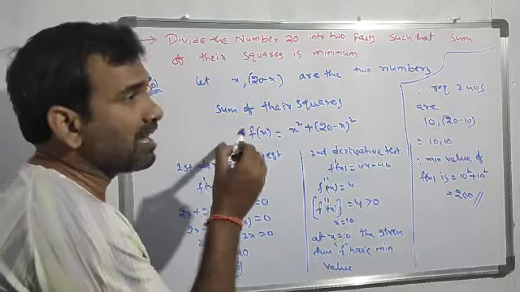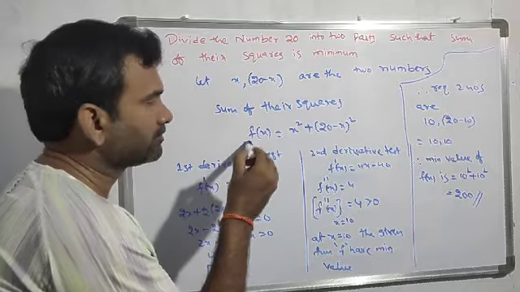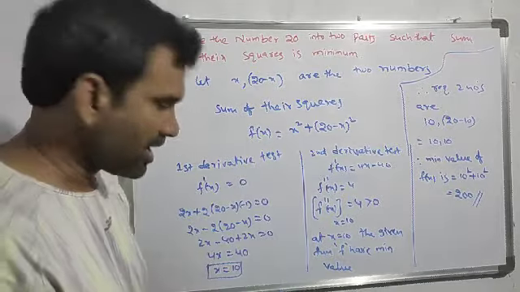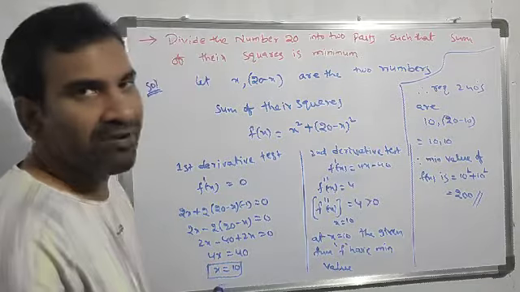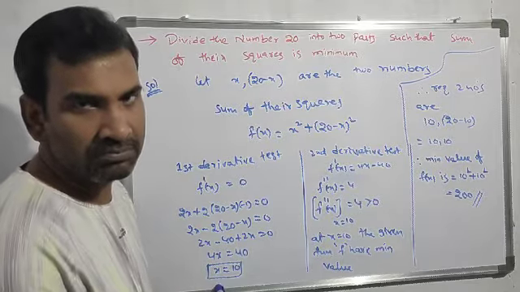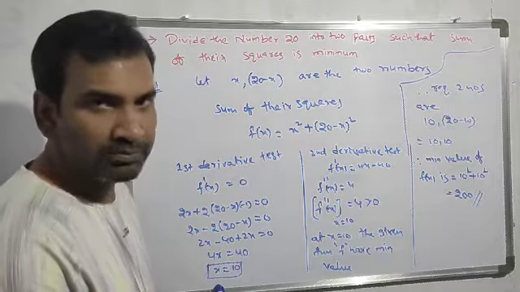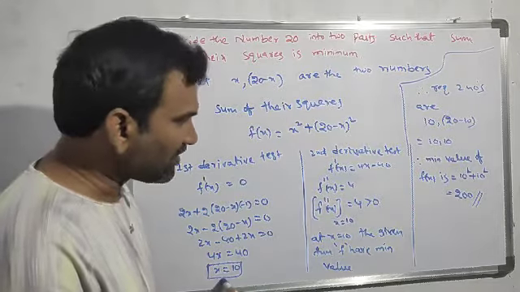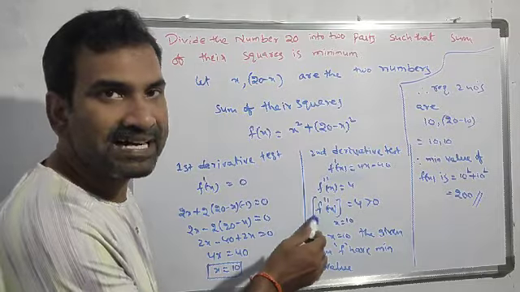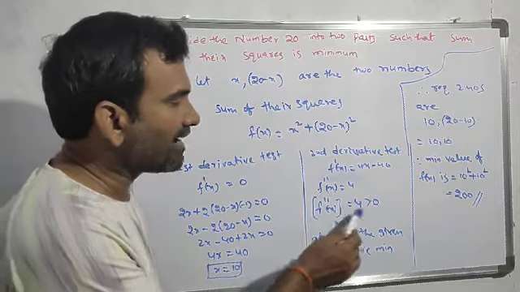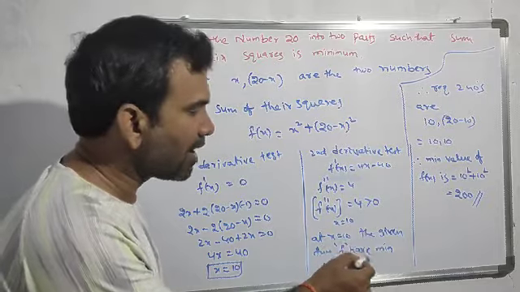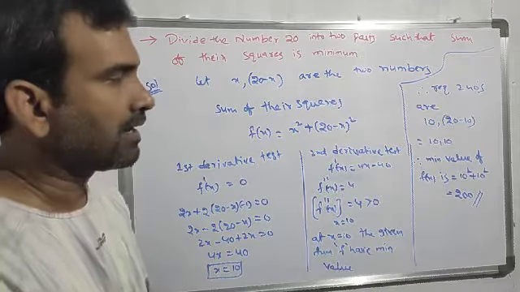In this problem, he is asking about where the function has its minimum. We get only one stationary value, or turning value. At that value only I do the second derivative test. At that value it gives greater than 0, and greater than 0 means it compulsorily gives the minimum value. Understand?